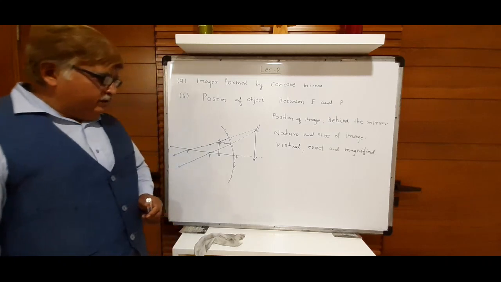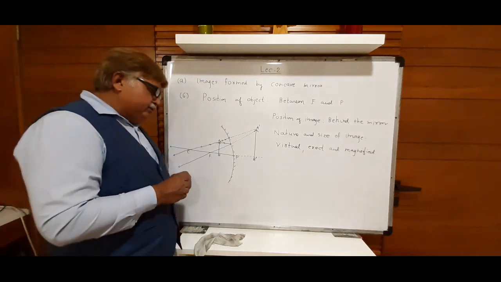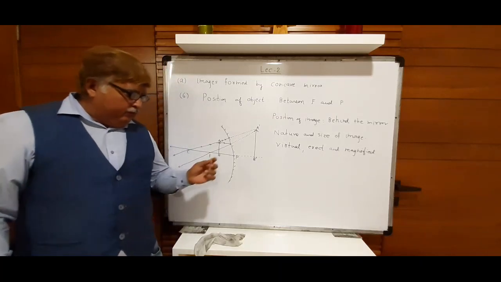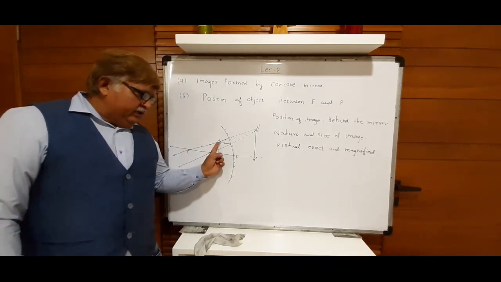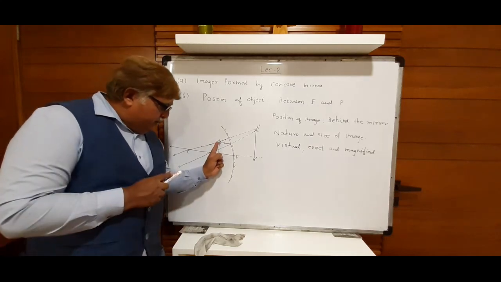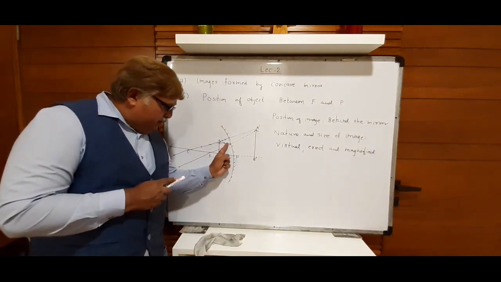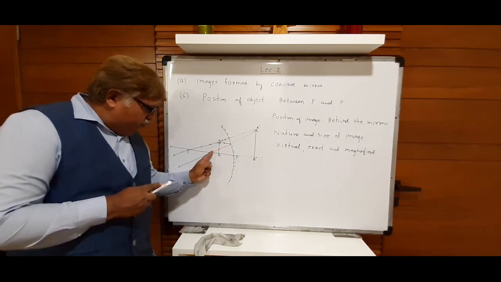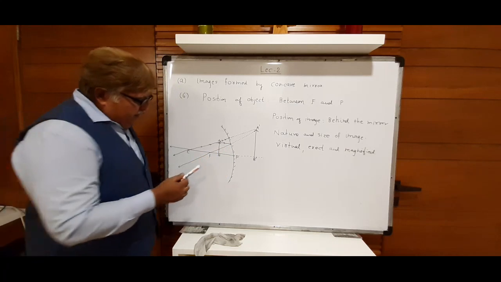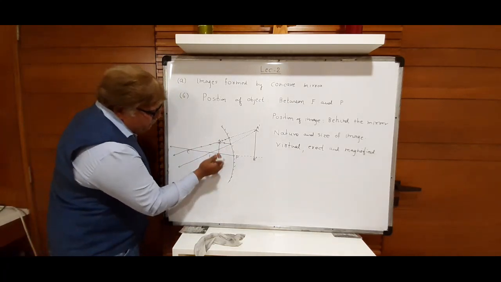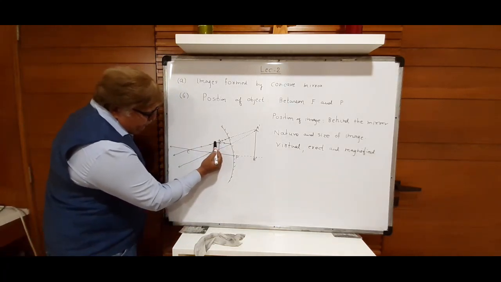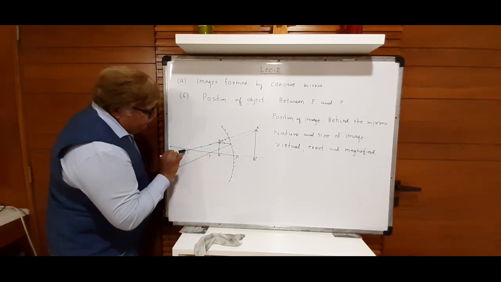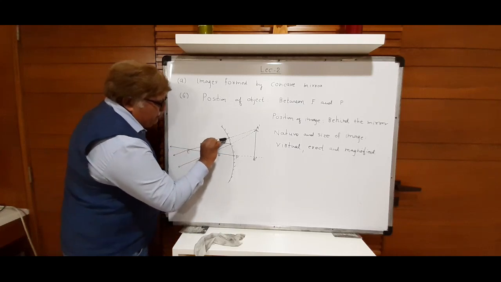So the image is virtual, erect, and magnified. Understand? As I told you, which two rays have I utilized to draw this diagram? The first ray I have taken emerging from the object, traveling towards the mirror, and after reflection from the mirror passing through focus. The second ray, the ray passing from the center of curvature, after reflection retraces its path.